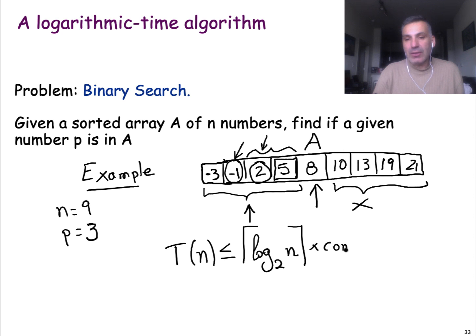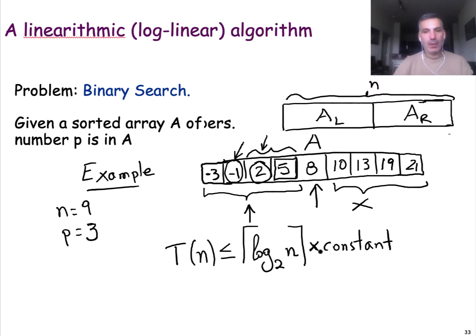The constant, as usual, represents the amount of work we need to do in every iteration, which is independent of n. In this case, we have to make a comparison in every iteration. So this is why we refer to this algorithm as a logarithmic time algorithm.